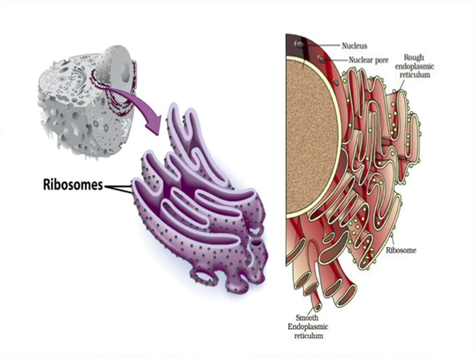The rough endoplasmic reticulum is studded with ribosomes, so it is involved in the production of proteins. The synthesized proteins are stored in the endoplasmic reticulum, and the rough endoplasmic reticulum transfers the stored proteins to the Golgi complex.